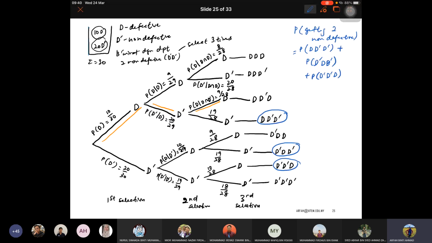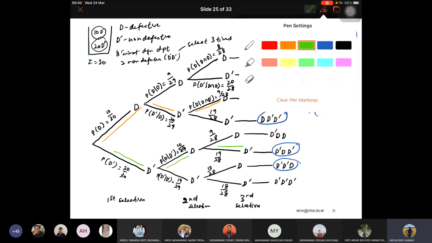So kita kira dia punya kebarangkalian, darabkan sebab dia adalah intersection, okay. 10/30 darabkan dengan 20/29 darab 9/28 plus yang ini dia punya branches is this one. Okay.